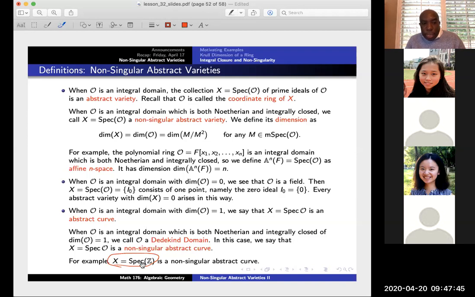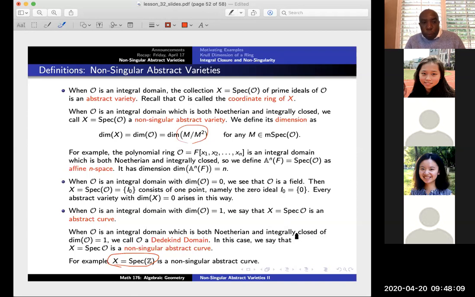I know that Z here is a Dedekind domain, I know that it has dimension 1, and I know what the points look like. Because Z is Noetherian and integrally closed, spec of Z has to be smooth. If you're wondering what the tangents look like, remember that we had this thing here, the cotangent space, m mod m squared.